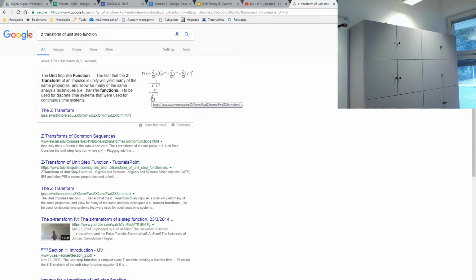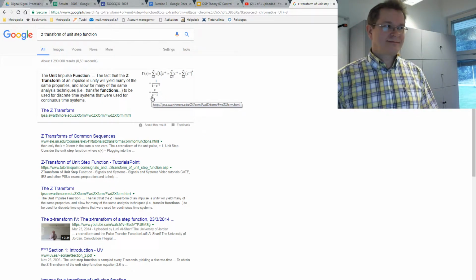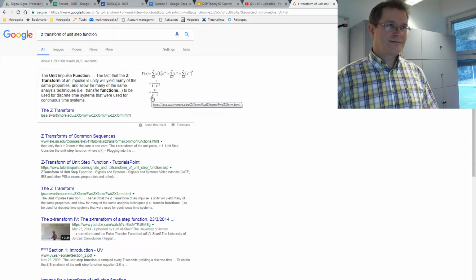So actually, to get the limit, the limit value of S of n as n reaches infinity is the same as the limit value of z approaching 1 for H of z. Right. Correct? Maybe.